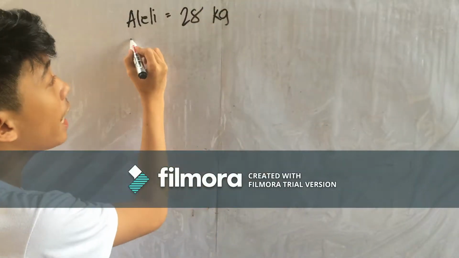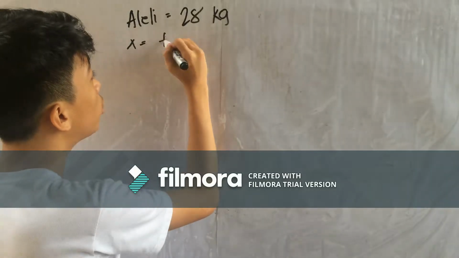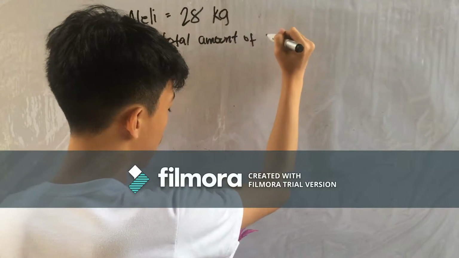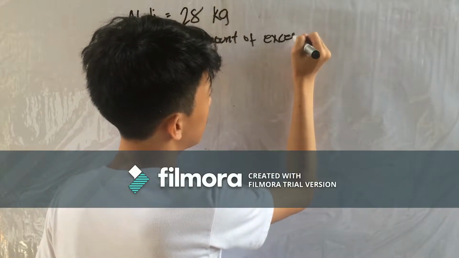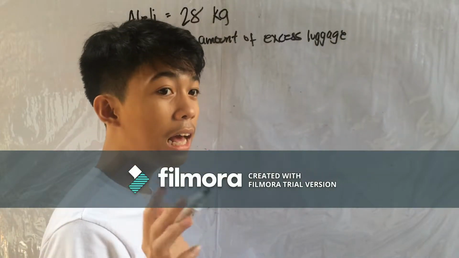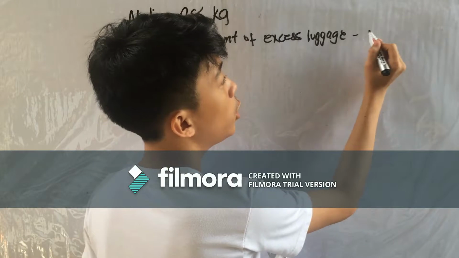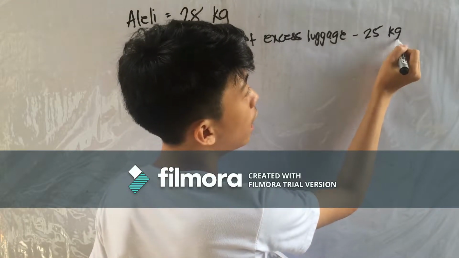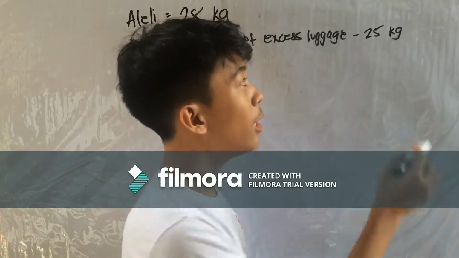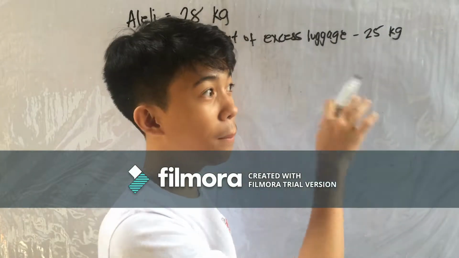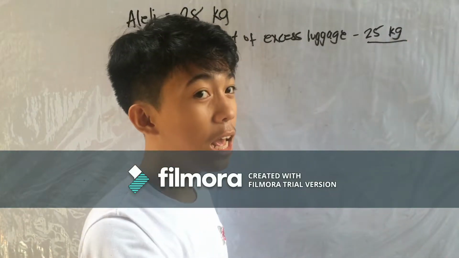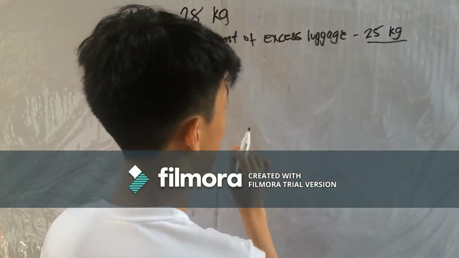Tandaan natin na ang x is ang total amount of excess luggage. At ang kailangan para hindi siya umexcess ay within 25, yun yung katanggap-tanggap na luggage para maka-check-in dun sa hotel. Pag lumagpas dyan, doon na tayo magkakaroon ng excess.